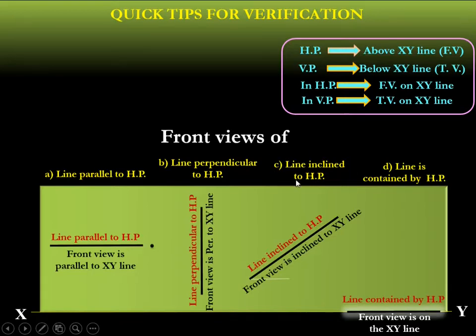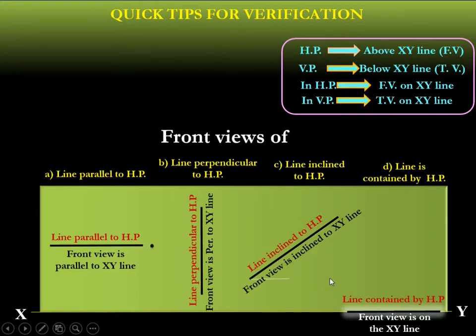Whenever the given straight line is inclined to horizontal plane, ensure that the front view is drawn above the XY line and it is also inclined to the XY line. Whenever the given straight line is contained by horizontal plane, ensure that the front view is obtained on the XY line itself.